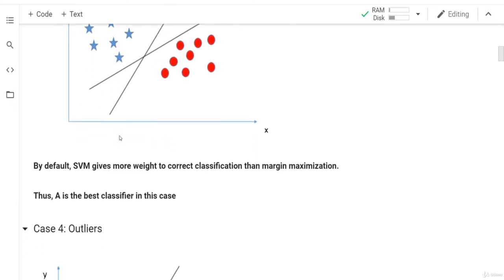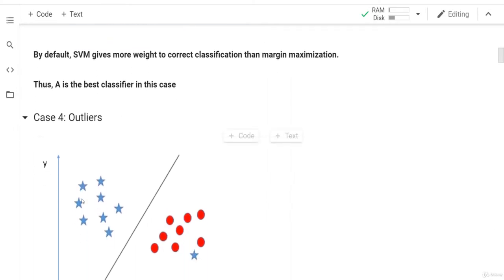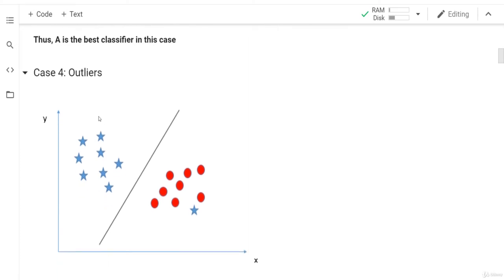Okay. Now let's look at case number 4, outliers. Let's say we have the same data set, the same stars and circles, but now we have an additional star, and this star is here. It's very obvious that this should be an outlier.